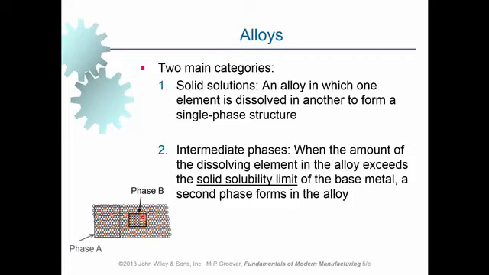And in this case, we are having an intermediate phase, and this has resulted because of exceeding the solubility limit, so that all the solute atoms cannot be dissolved within the matrix of the first element.